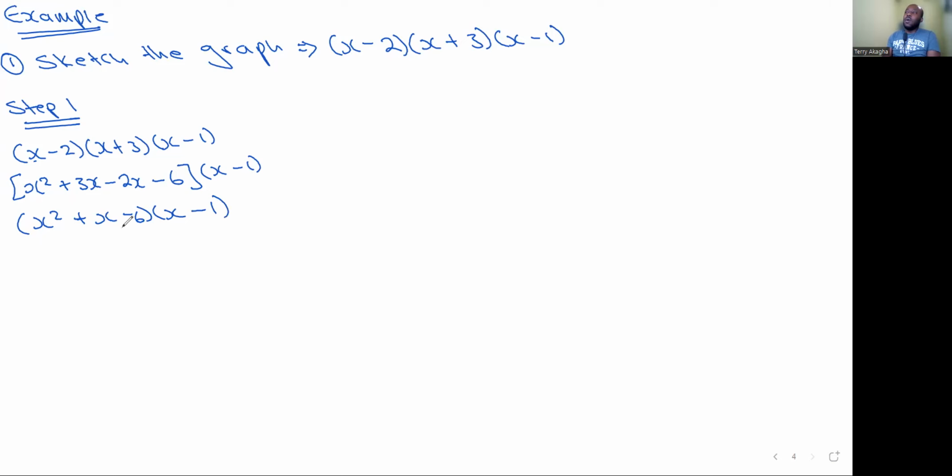All right, so the next one, we're going to open this bracket again. So x squared times x is going to give us x cubed. x squared times minus 1 will give us minus x squared. Okay? So the next one will be x times x will give you what? x squared. x times minus 1 will give you minus x.